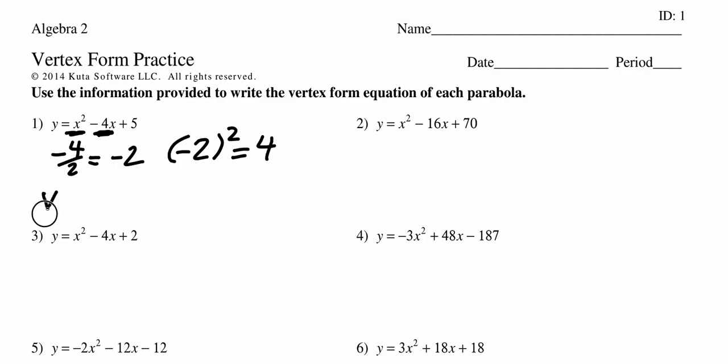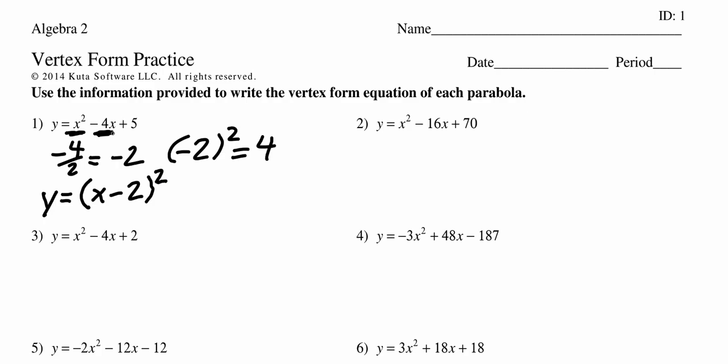So y is equal to, we got negative 2, right, when we divided the b term by 2. And you want to rewrite this entire part as parentheses x minus 2, and then all of that squared.